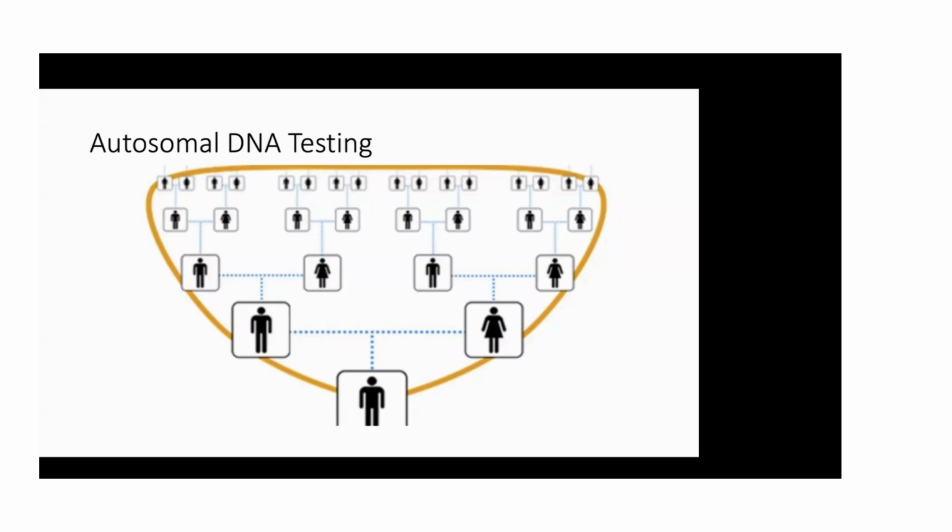And that's because autosomal DNA is a mix inherited from both parents. The amount of DNA from our ancestors gets cut in half after every generation. And as a result of this, the DNA from many of our more distant ancestors simply will not be detectable.